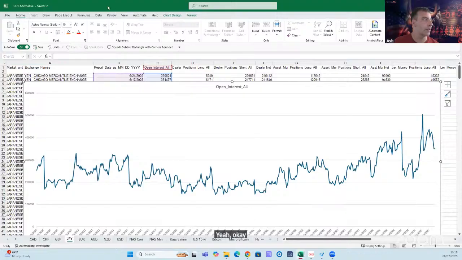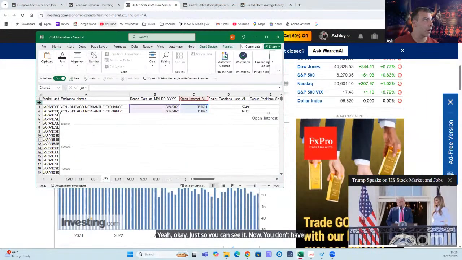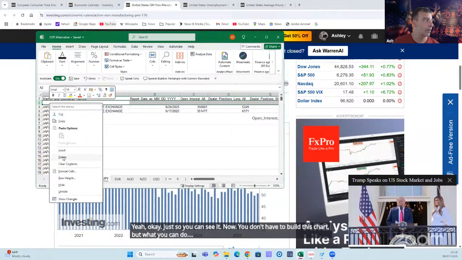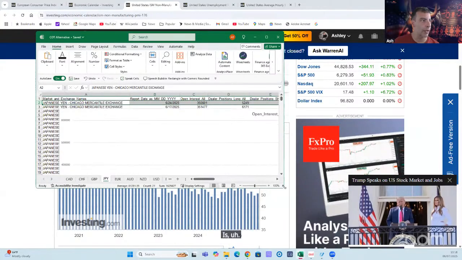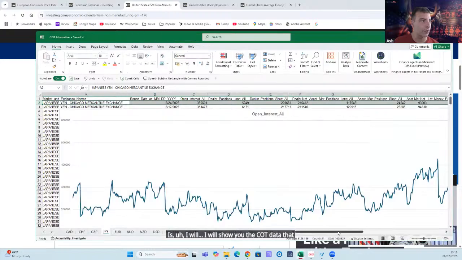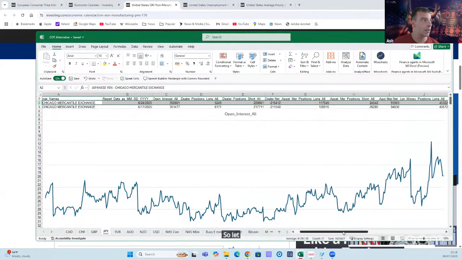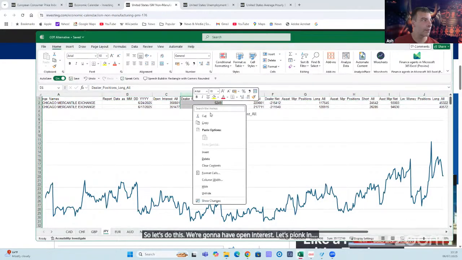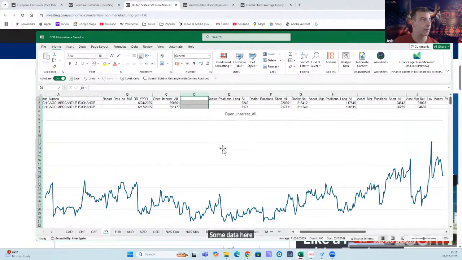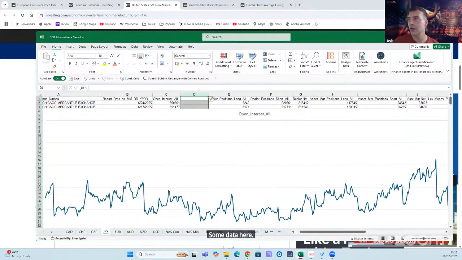Just so you can see it. Now, you don't have to build this chart, but I will show you the COT data that you're going to focus on. So let's do this. We're going to have open interest. Let's plonk in some data here of the dollar yen.